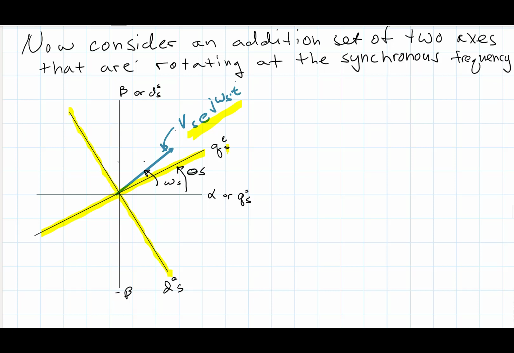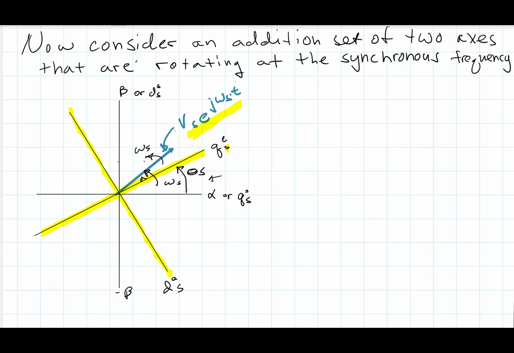What's happening is the phasor is also rotating at the same frequency as the axes, so they're rotating together. And this is your theta s. We'll define theta s as the difference between the q-axis and the alpha axis.